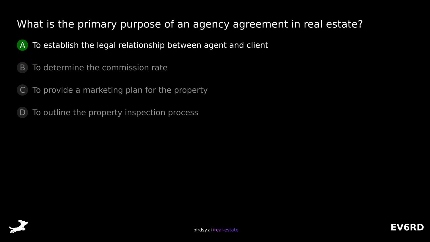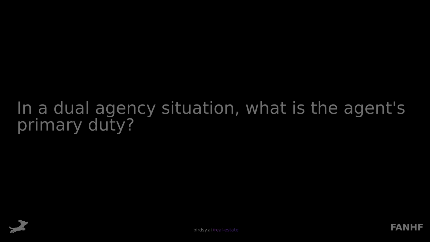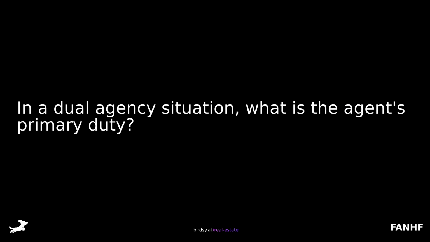The answer is A, to establish the legal relationship between agent and client. An agency agreement establishes the legal relationship between a real estate agent and their client, outlining the agent's duties and responsibilities. In a dual agency situation, what is the agent's primary duty?